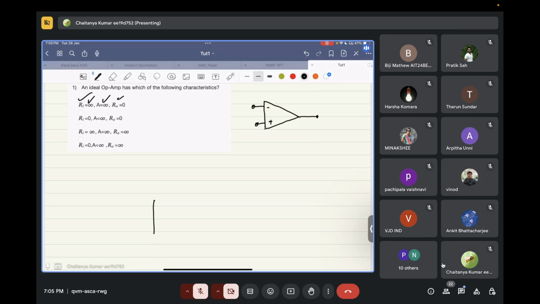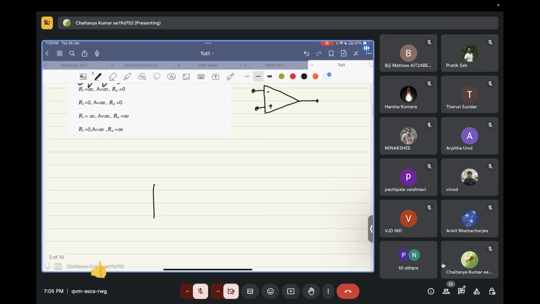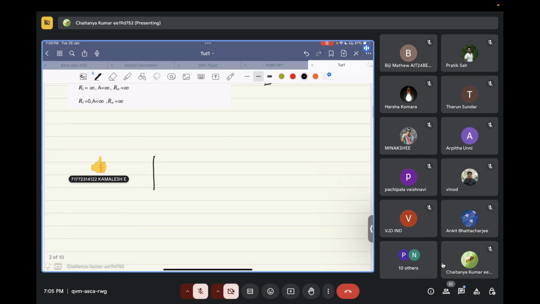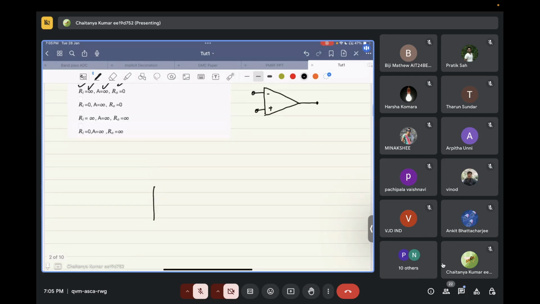Are you familiar with the concept of negative feedback? Let's start with where the application of such a high gain, high input resistance, and low output impedance happens. First, we will try to understand what negative feedback is.